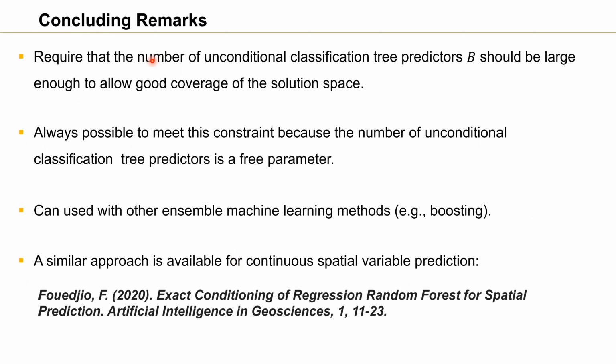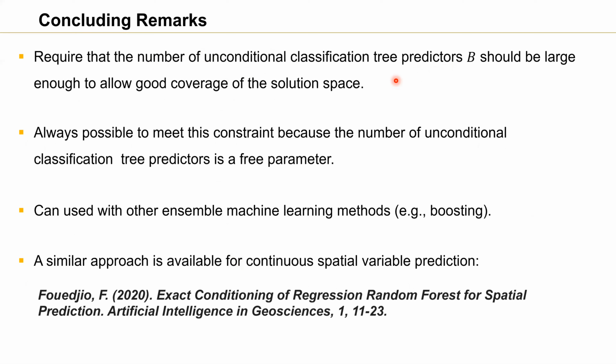Now, it's very important to mention that the proposed approach requires that the number of unconditional tree predictors should be very large. The number of trees that you use when you perform the traditional random forest should be very large, because the number of observations here defines the number of constraints.